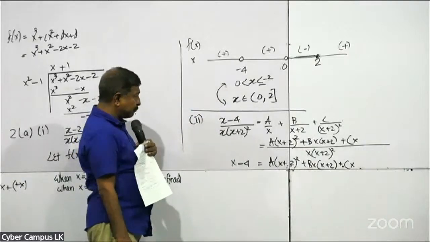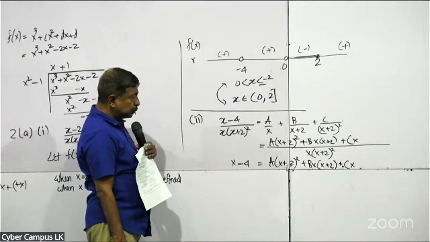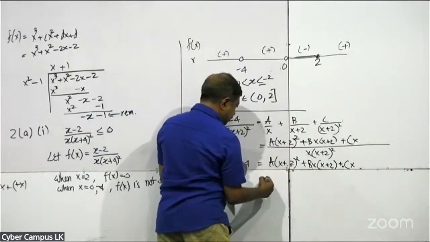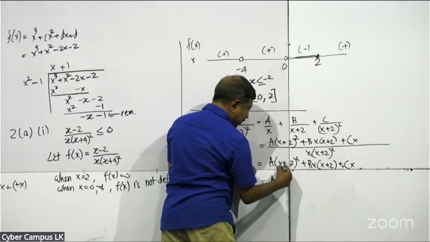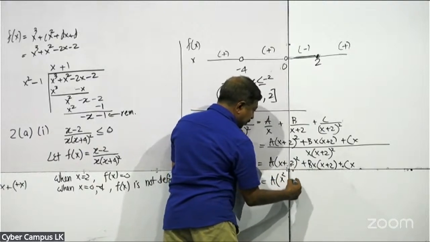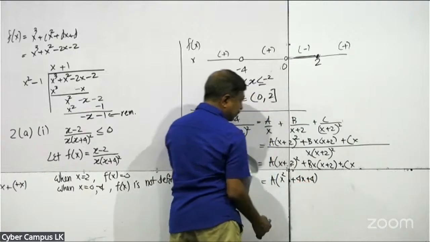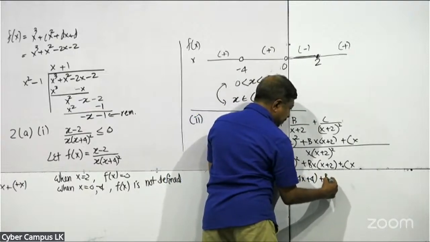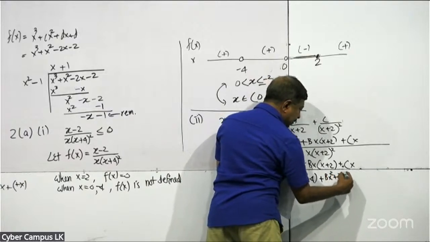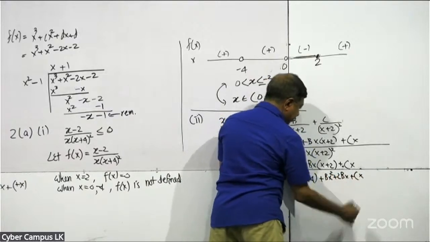Right? Now, you expand this. So (x plus 2) quantity squared is x squared plus 4x plus 4. This is Bx squared plus 2Bx plus Cx.